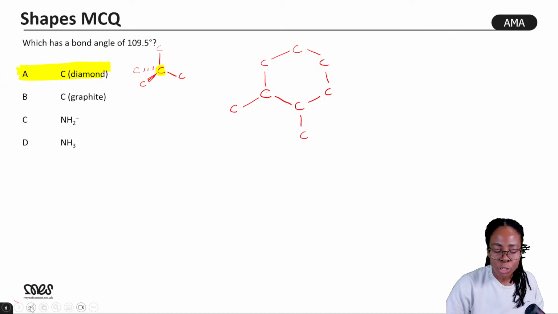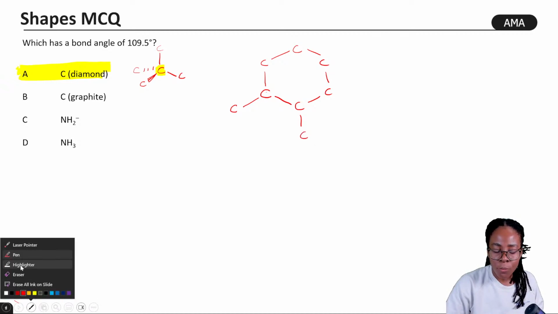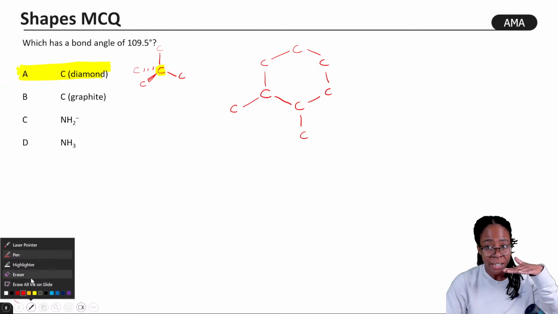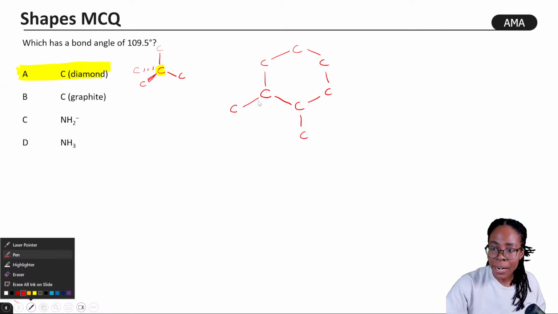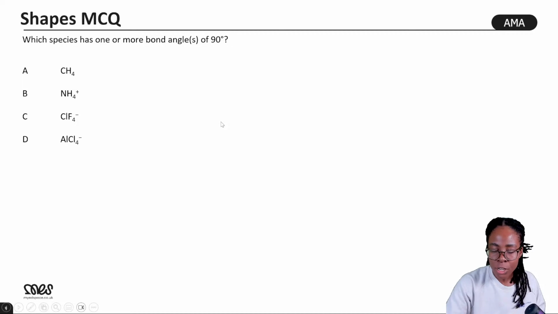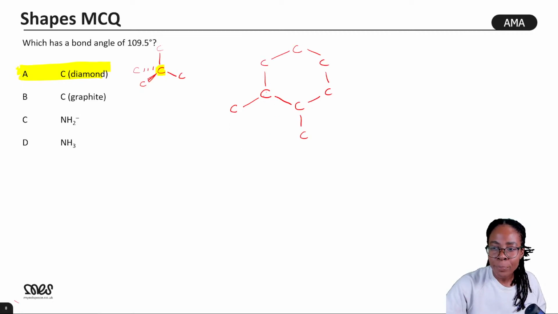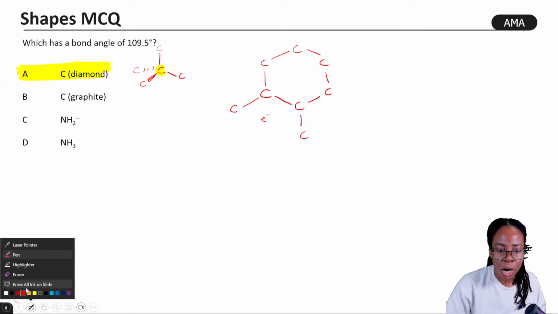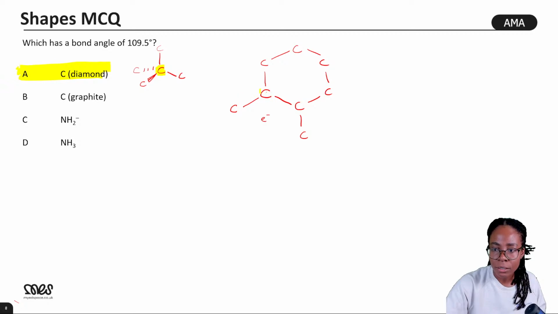If we were just to look at one, and we know the shape as well for graphite, these are planar. Each carbon atom has 3 bonding pairs, no lone pairs, because that 4th electron, remember, is delocalized. So what's the shape around each carbon atom in graphite?